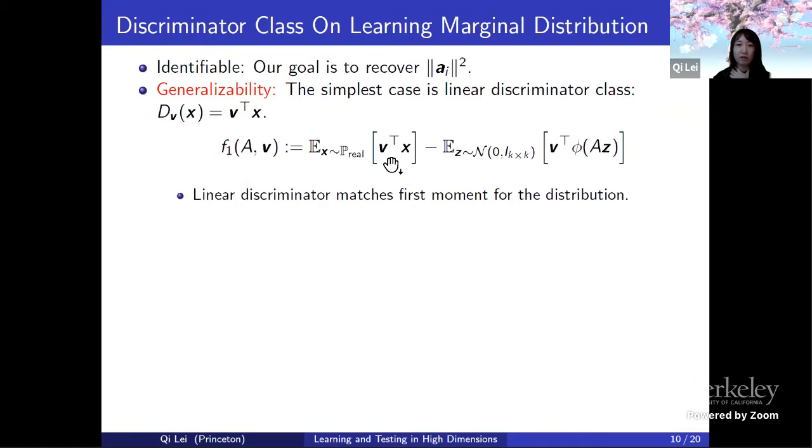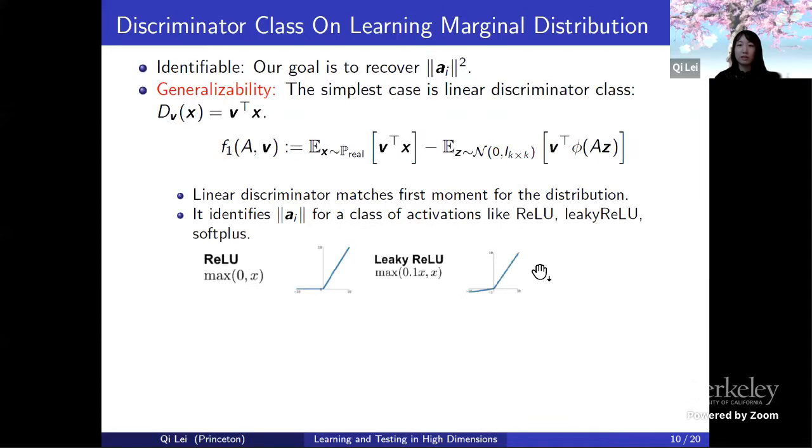It is trying to match v transpose x with v transpose of the generated variable. So the linear discriminator is trying to match the first moment of the distribution. And for some kinds of activation functions, this is actually enough.